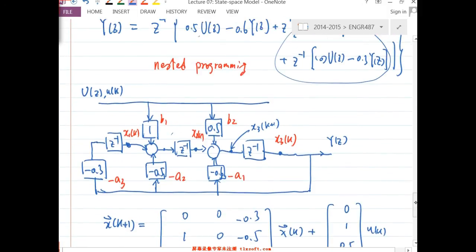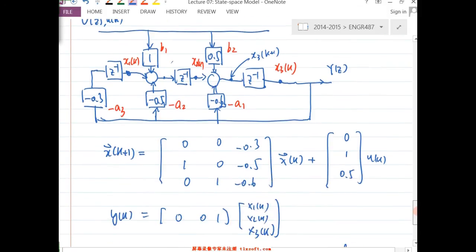Essentially, the difference is if you define this as x3 of k, x2 of k, and x1 of k, so if you define the state variables differently, you get a slightly different matrix. But you are still talking about the same system.